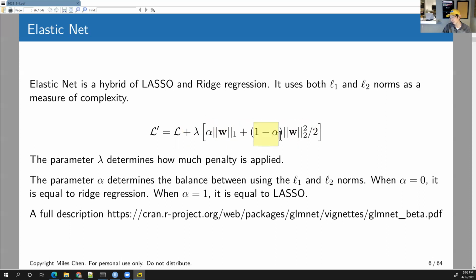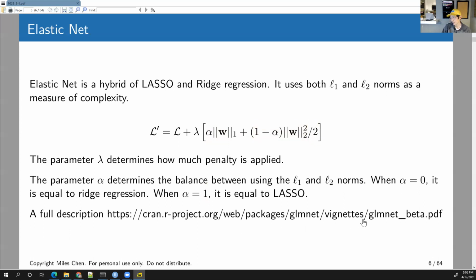Sorry, 1 minus alpha times the L2 norm. Now, for reasons, this is going to be 1 minus alpha over 2, but that's what we have here. Okay, so if alpha is equal to 1, it becomes lasso, and when alpha is equal to 0, it becomes ridge regression.